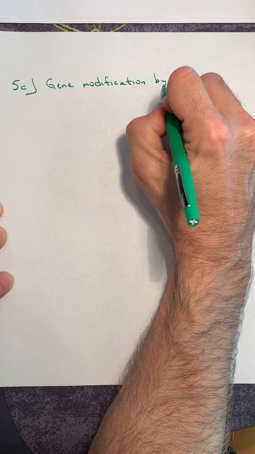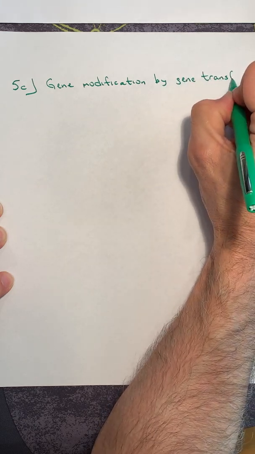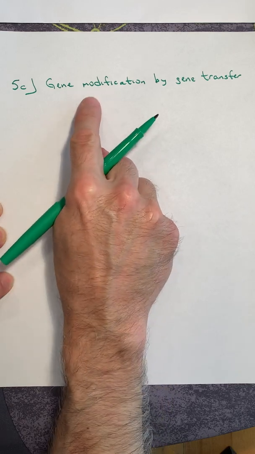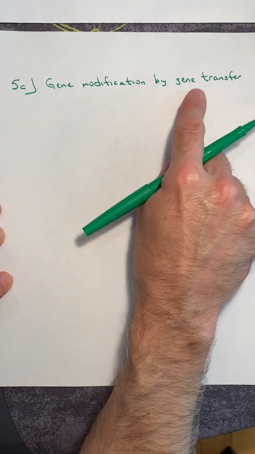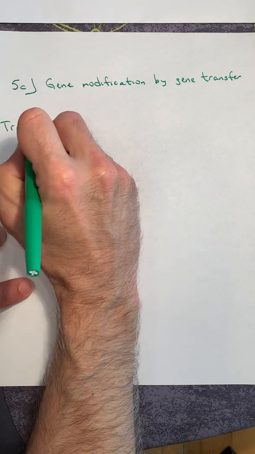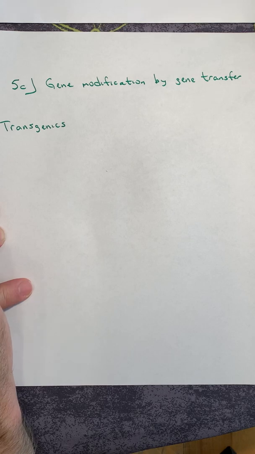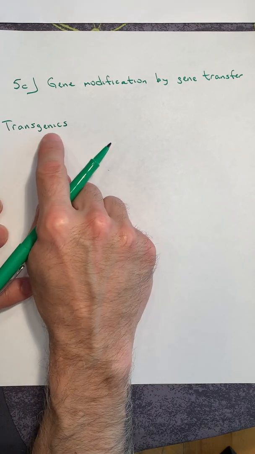So gene modification by gene transfer, right? You're changing genes by moving them from one organism to another. This is also commonly known as transgenics. Again, moving genes.